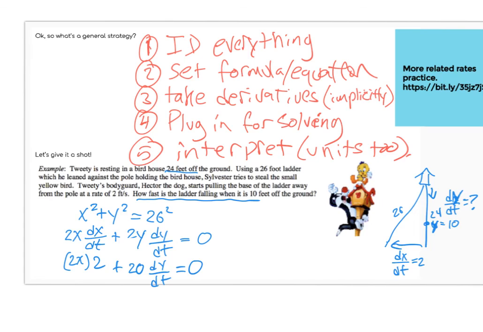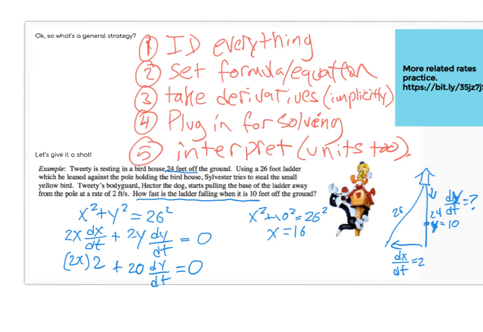So I've got to figure out what x is when y is 10. For that, I'm just going to use the Pythagorean theorem. We've got x squared plus 10 squared is equal to 26 squared. This is going to be x is equal to 16.